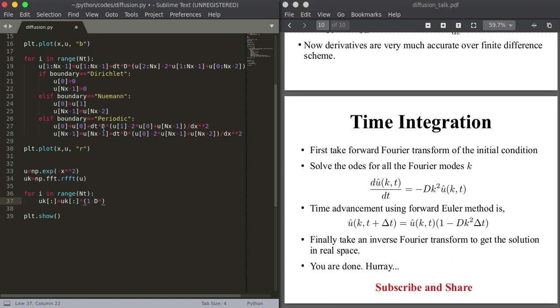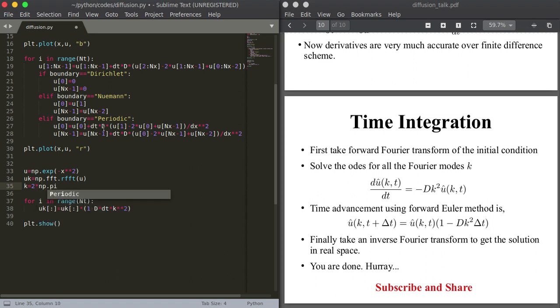Now k square, how will I get my k? Here I have to write k square. For that, this FFT actually provides you the k also. You have to write 2 multiplied by pi.